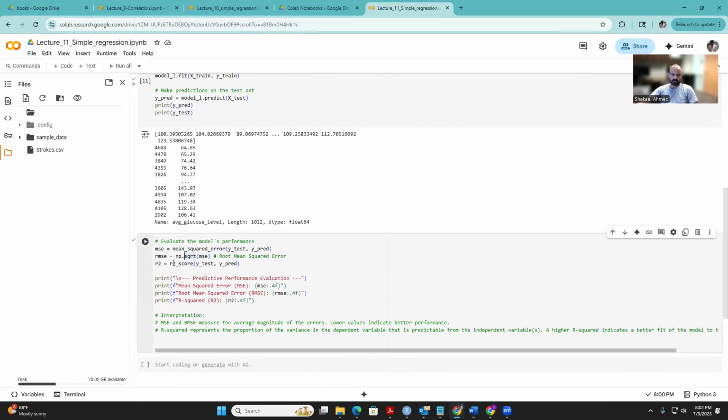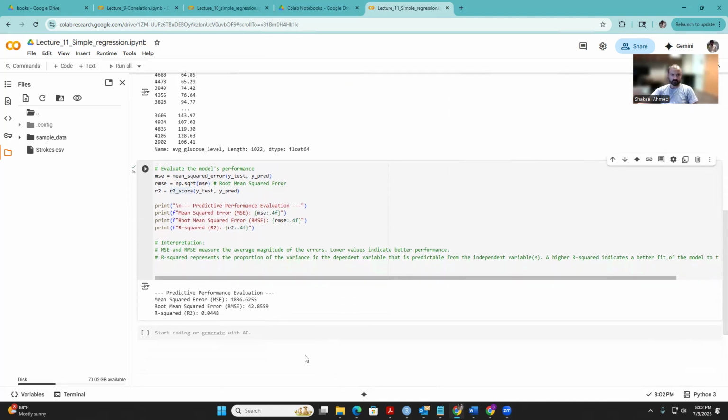So we can find two measures using the performance metrics from sklearn: mean squared error, root mean squared error, and R squared. Based on these performance metrics, we can compare different linear regression models.